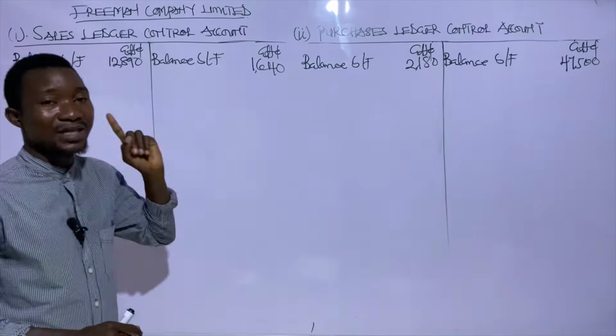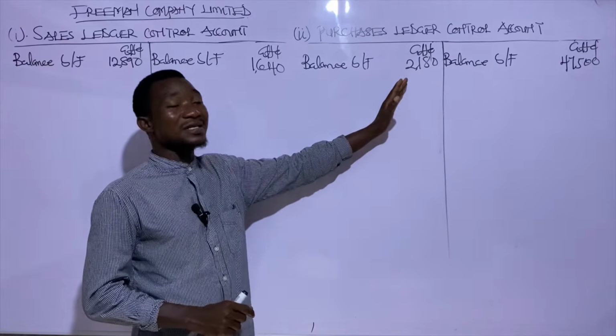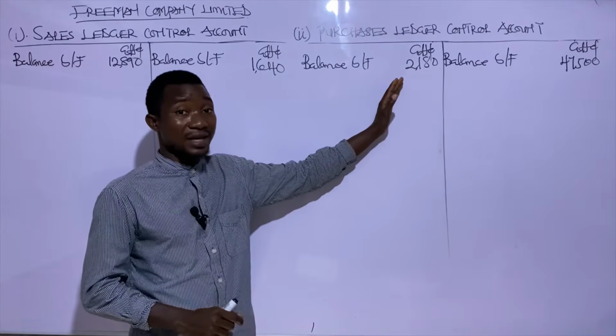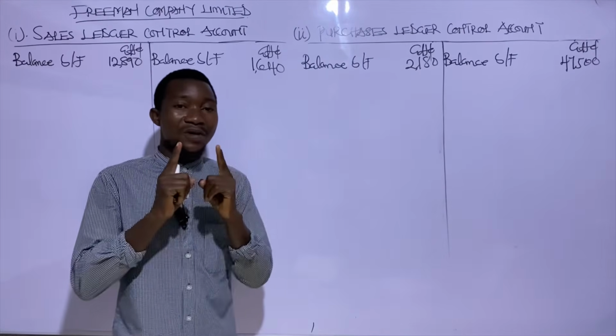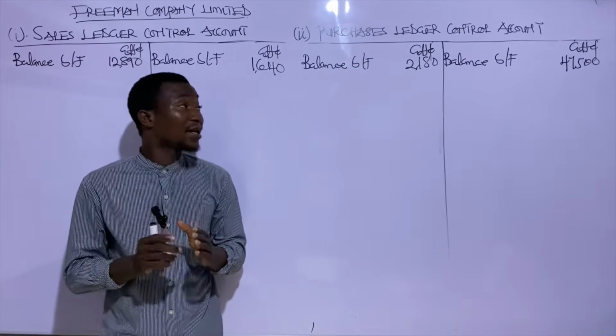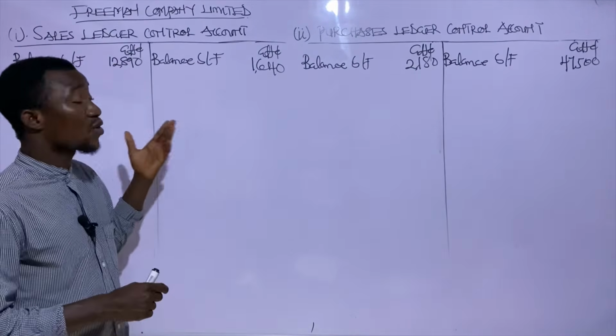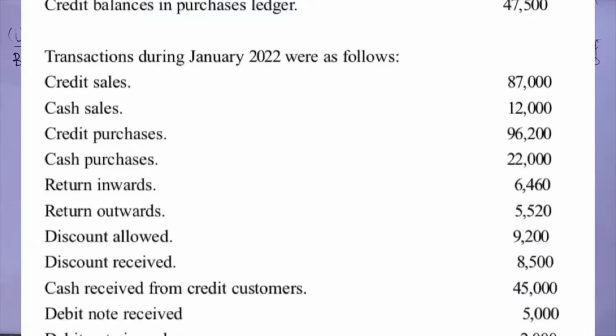Or they will give you just one balance for purchases ledger. You have to know that purchases ledger is the same as the total creditors, and creditors has a natural credit, so you record it as credit. So if they give you a single balance, you should be very careful. But with this, they have told us where we should record it. Is that okay? Good. So let's proceed.